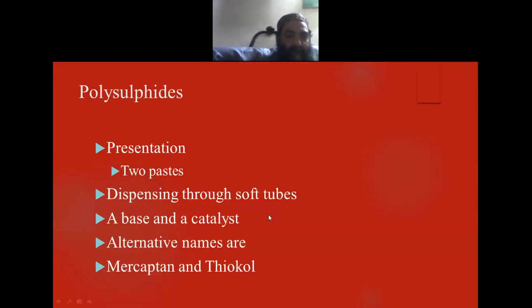Presentation is a two paste system, dispensed through soft tubes, toothpaste like tubes. One tube has the base and the other has the catalyst. There are other names of polysulfides also. One is mercaptan and the other one is thiokol.